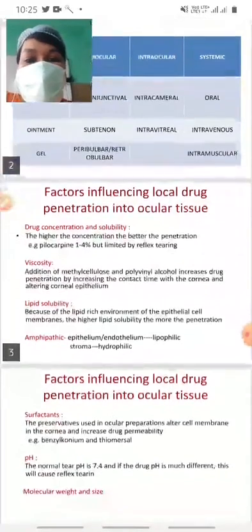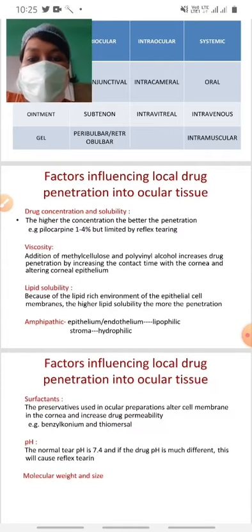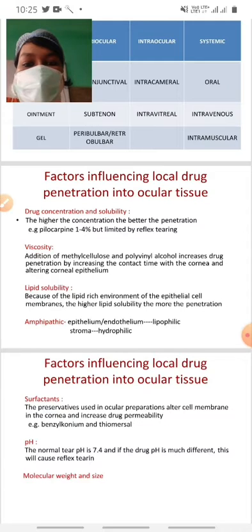Now in short, we have to know the various factors which influence the local drug penetration into the eye. First and foremost is the drug concentration. The higher the drug concentration, the better the penetration. We can also add various substances like methyl cellulose and polyvinyl alcohol to increase the drug viscosity, which increases the contact time with the cornea.